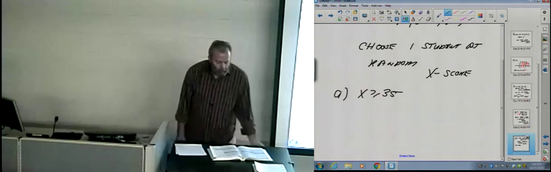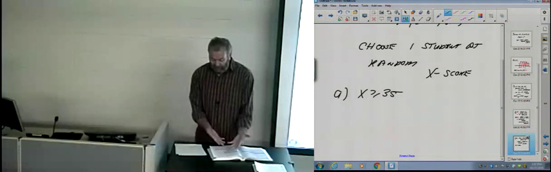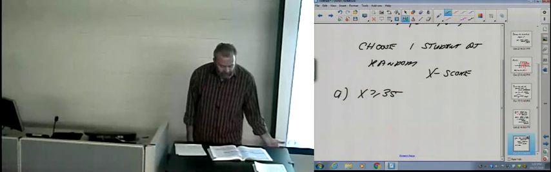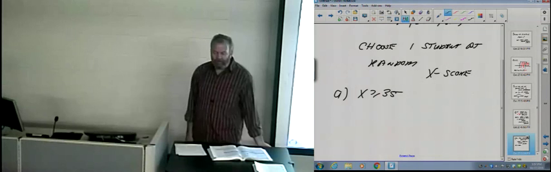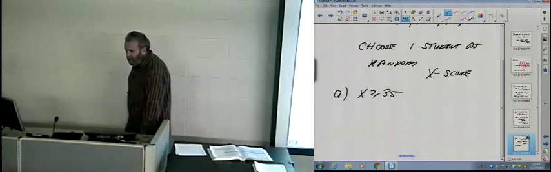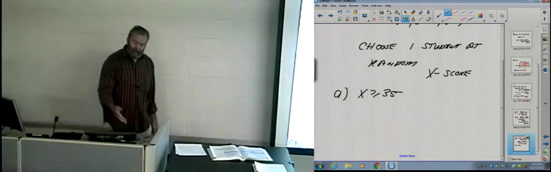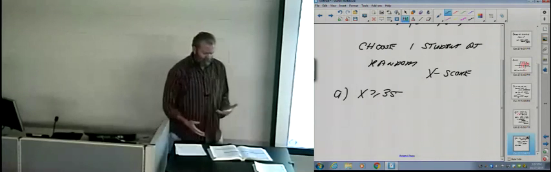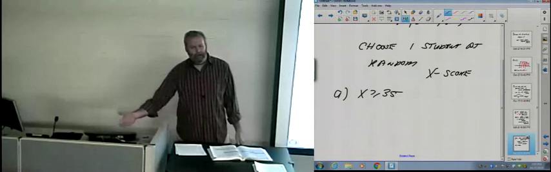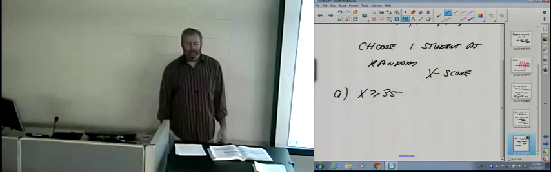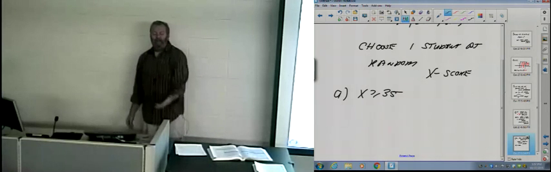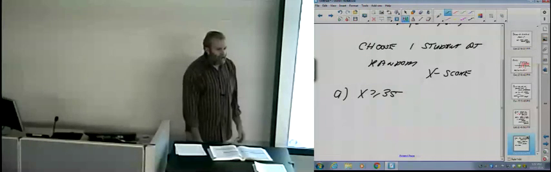One more time. Write the event. It's given to me in language. The student chosen has a score of 35 or higher. 35 or higher means that X, this student's score, is greater than or equal to 35. That's what they mean in writing that in terms of X. X is bigger than or equal to 35.